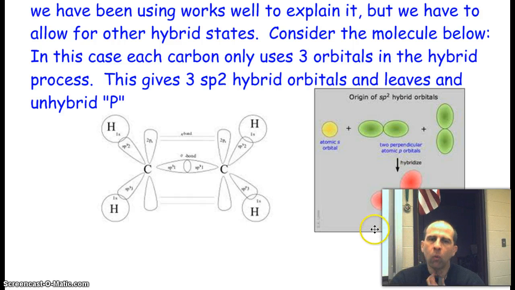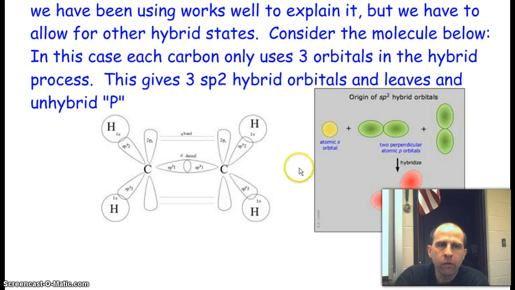So if you look at what's going on over here, you've got an s and a couple of the p orbitals, and they go together and make these sp2. They're sp2 because we're only using 3 orbitals, an s and 2 p's. They're 1 part s and 2 parts p, and they're arranged around the central nucleus like this.